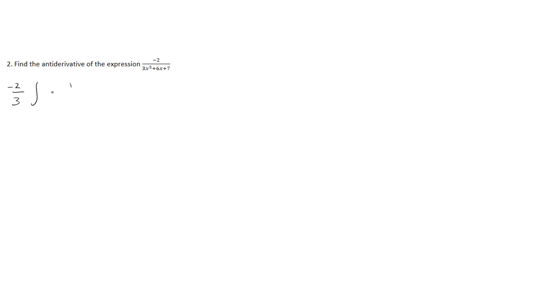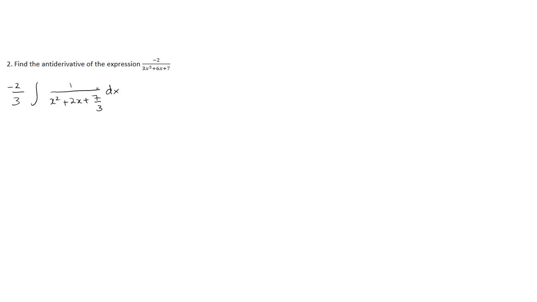So what we're left with is 1 over x squared plus 2x plus 7 over 3. By taking out the 3 from that denominator, I'm actually going to have to divide each of the terms by 3.